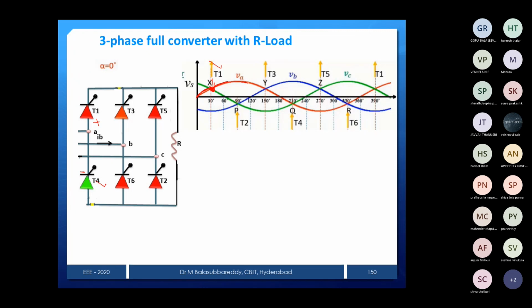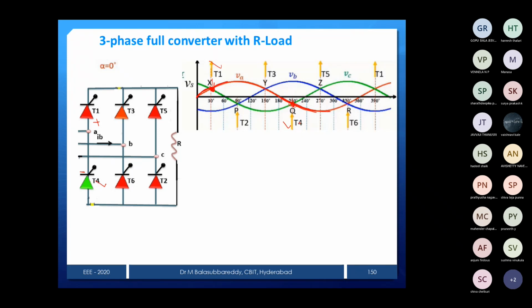Same thing, you come down, it reaches 0 and then it goes negative. Then when is it more negative? For this duration some other phase, C phase, is more negative, but after this point C phase is more negative. That's why this crossover I represented for the T4 thyristor.